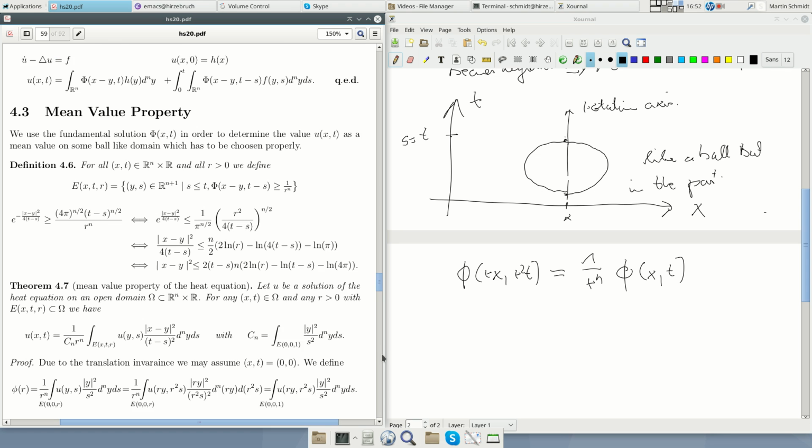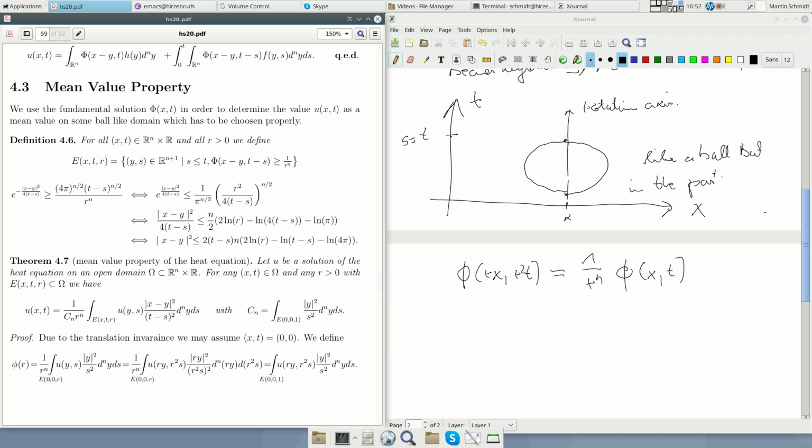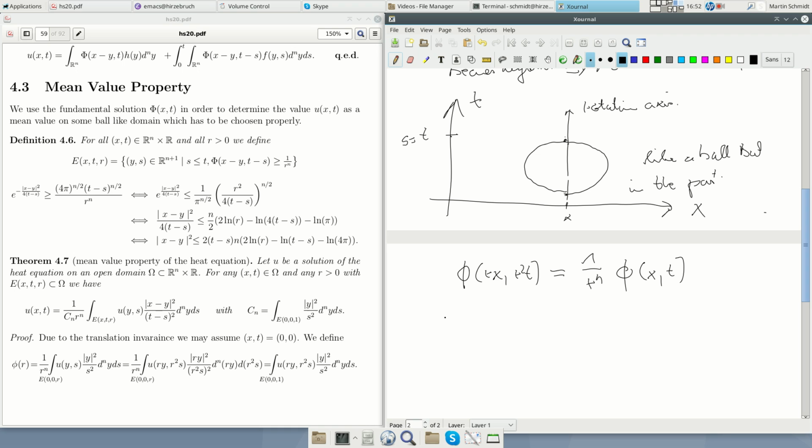And now we look for the map y, t maps to r y, r squared t. I claim this maps the heat ball around x, t of radius 1 to the heat ball around r x, r squared t of radius r.